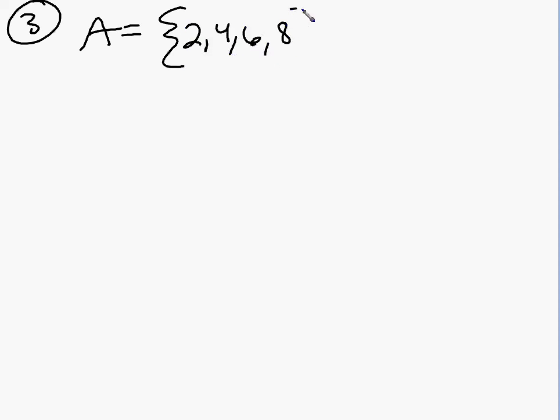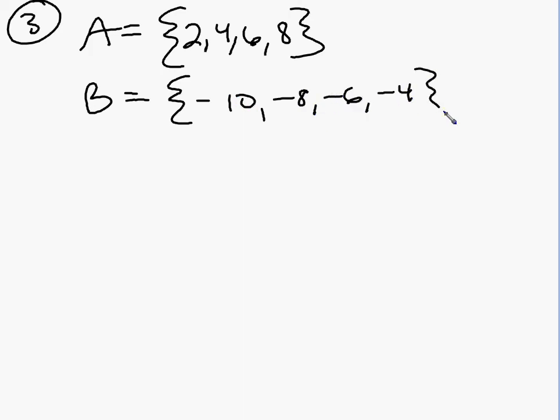They may give it to you in a set of points like this. They may say, okay, set A has the points 2, 4, 6, and 8, and set B has the points -10, -8, -6, -4, something like that.